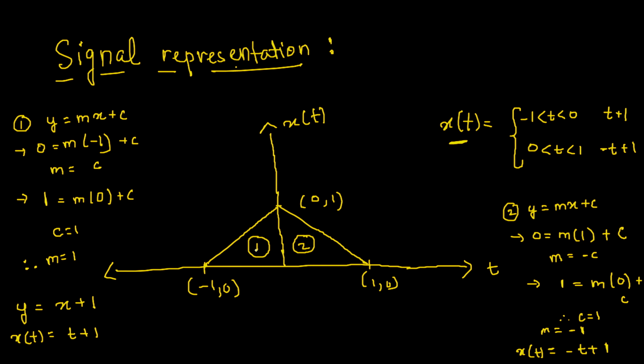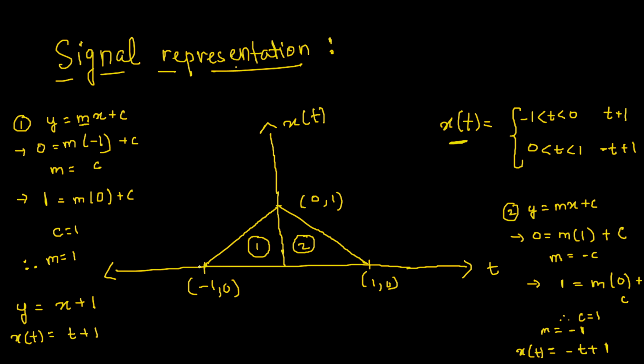So we can see that we can clearly define two regions here. The first one is the left hand side of your y-axis. So let's start with that region. The mathematical representation for a line is y is equal to mx plus c, where m is the slope of your line.